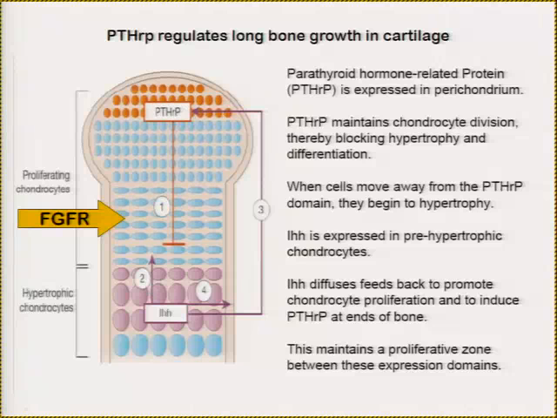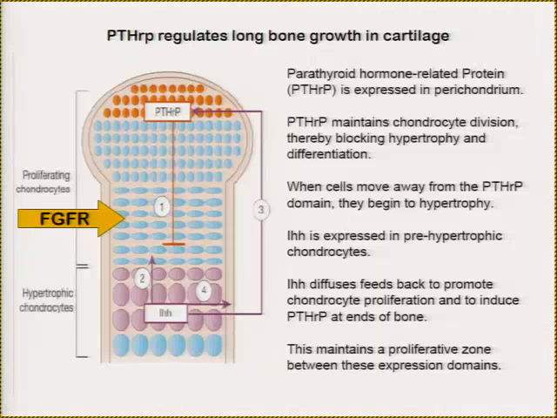Now, the hypertrophic chondrocytes secrete something that we're not going to be very interested in today. It happens to be called Indian hedgehog. It was named after Sonic Hedgehog, so it's actually named after a computer game, believe it or not. But Indian hedgehog feeds back and turns on PTHrP and keeps this process going.